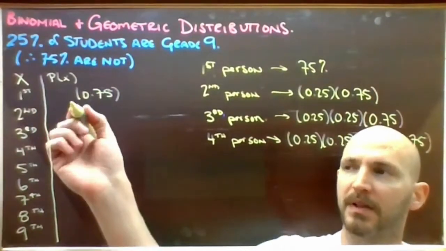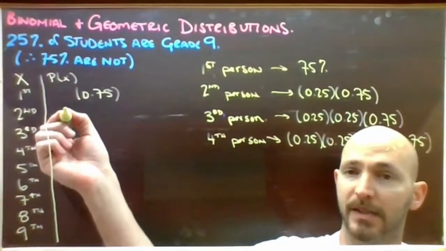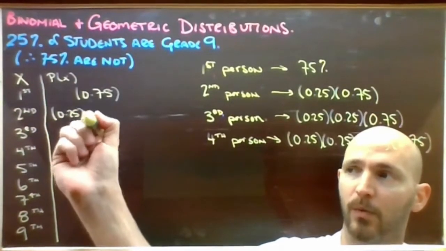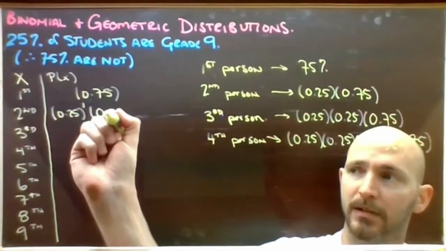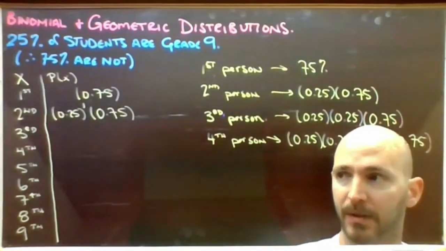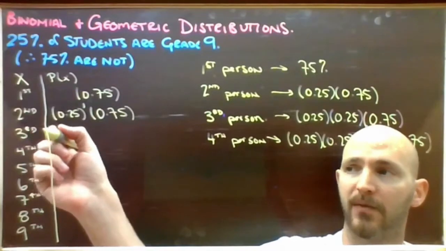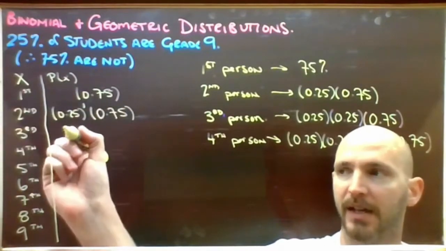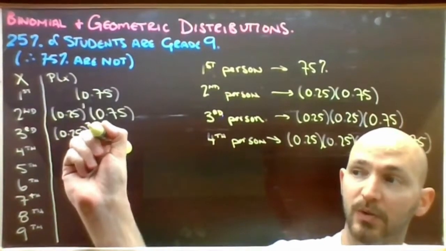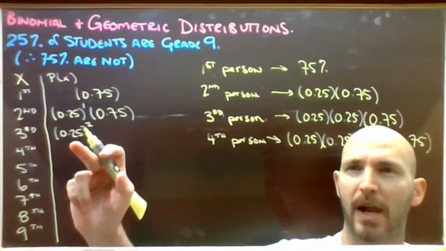The probability of finding a not grade 9 on the second try means I had to have found 1 grade 9 before I found the type of person I was hunting for. If I find that person on the third try, it means I must have stumbled across 2 grade 9s.